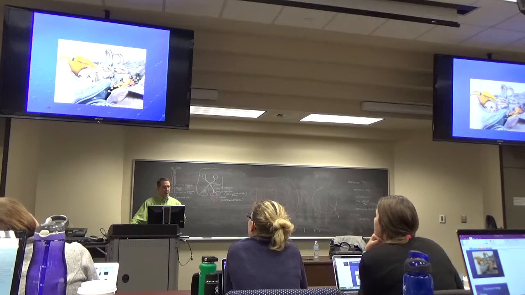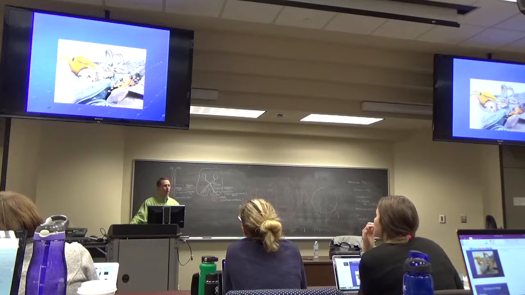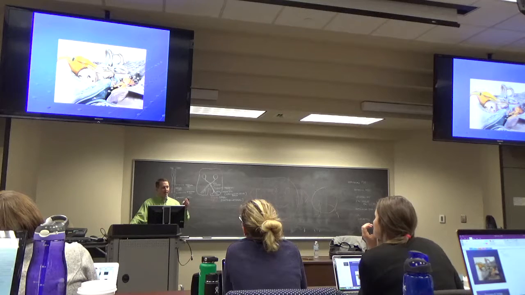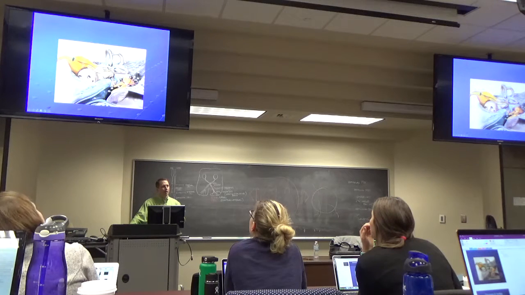Underneath the footplate is a place called the vestibule. Vestibule means little entry place. In the vestibule are two recesses for the utricle and the saccule. I'll show you a better picture in a minute, but they are in here.